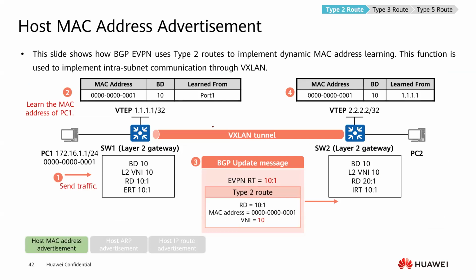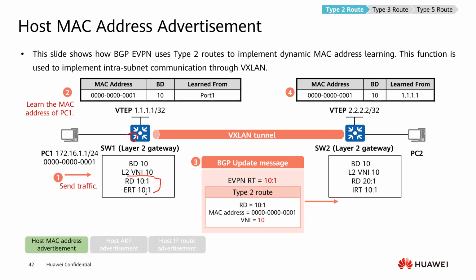The interface connected to switch 1 is a Layer 2 gateway, and this interface is bound to BD10. In this BD10, we configure the Layer 2 VNI information and an EVPN instance, with the RT values, including the export RT values.